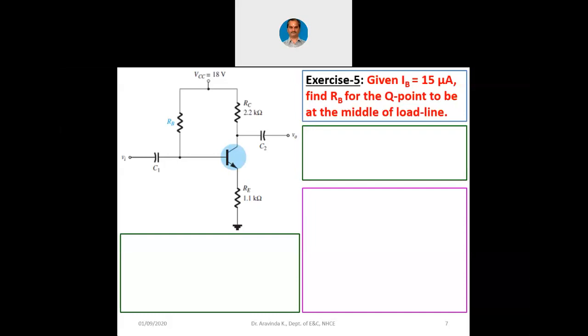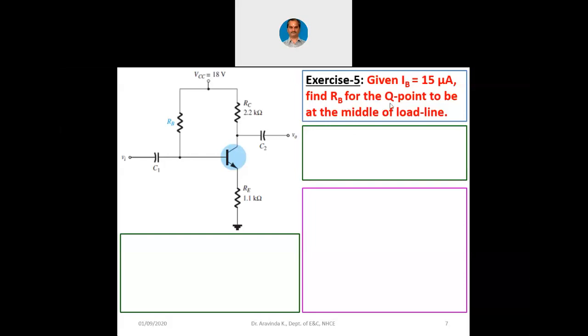Always visualize if the transistor is completely switched on, then the current is going through this 2.2 kilo ohms and 1.1 kilo ohms, through RC and RE. So the total resistance from VCC to ground is 3.3 kilo ohms. So naturally, IC sat is 18 volts divided by 3.3 kilo ohms. So that way, the value of Q point is indirectly given in this exercise.